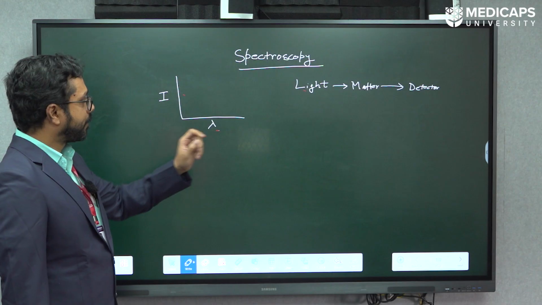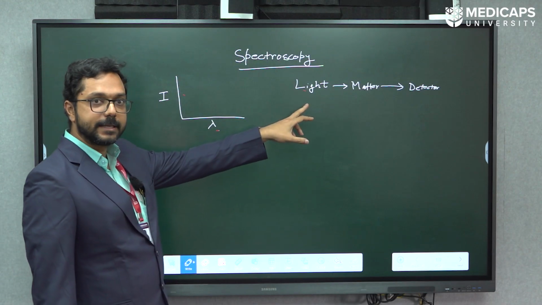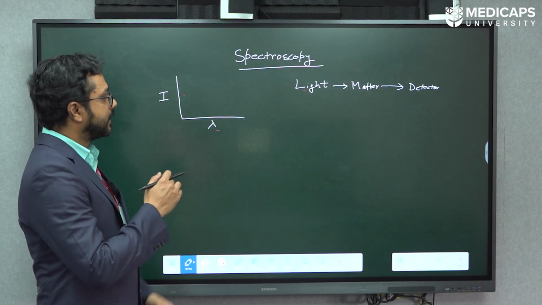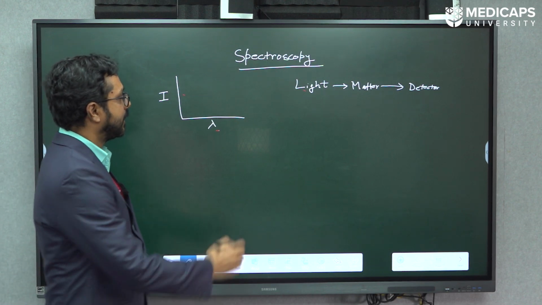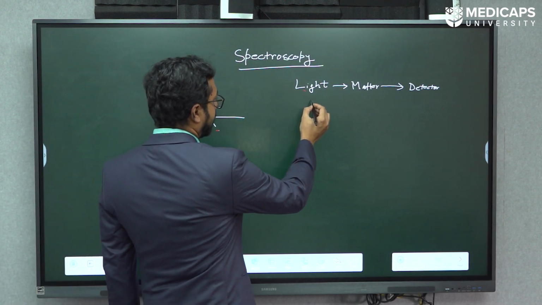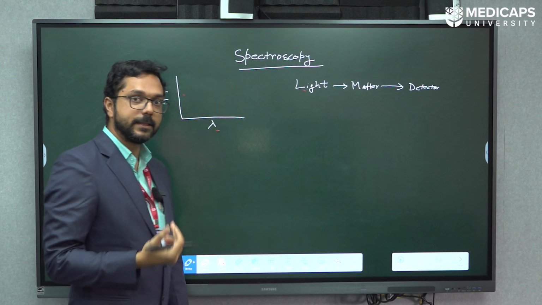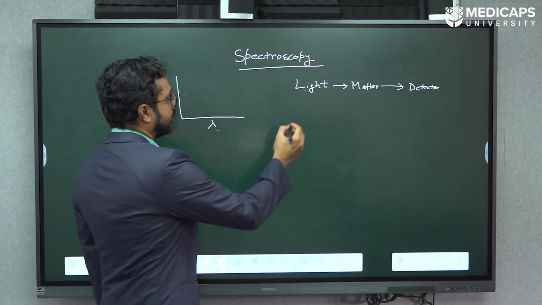Now, depending on the light's characteristics, the nomenclature happens. For example, light can be of many types, depending on its wavelength, frequency or energy.